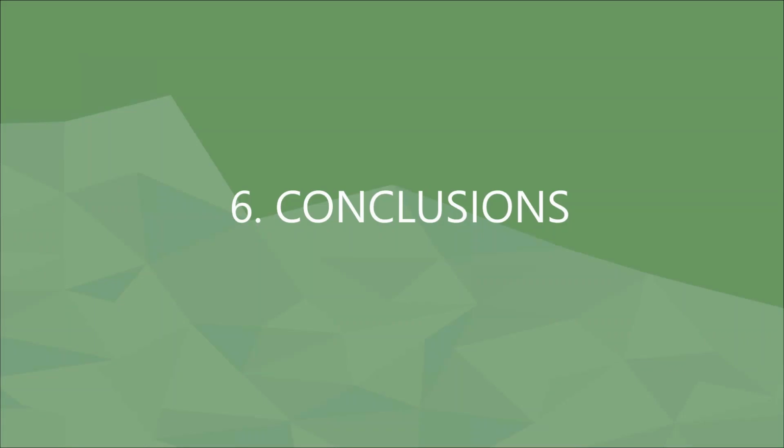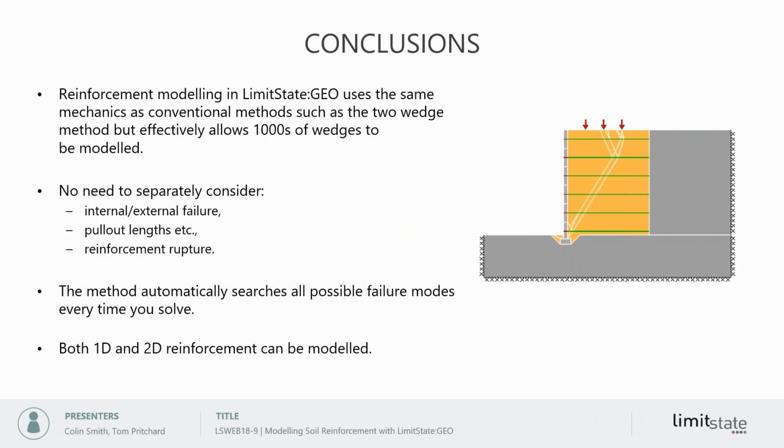So we're getting close to the end of the webinar, so we'll just wrap up with some conclusions. Hopefully you've seen that reinforcement modeling in the software uses the same mechanics as conventional methods, such as a two-wedge method, but it effectively allows us to model thousands of wedges in any type of collapse mechanism.